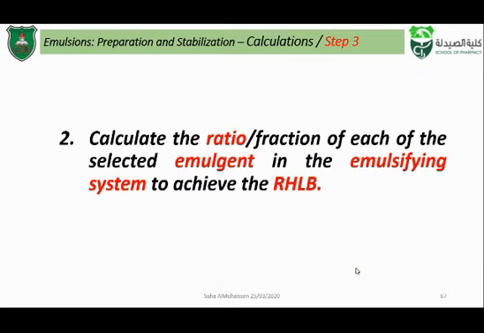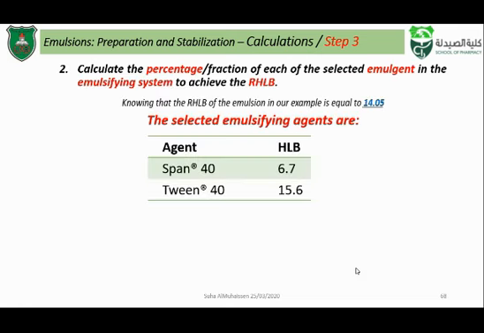Now, we need to calculate the ratio, the fraction, the percentage, call it whatever you want, of each of the selected emulsifying agents in the emulsifying system to achieve the required HLB.